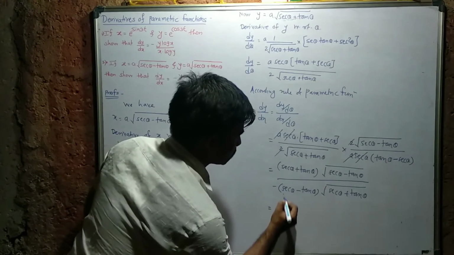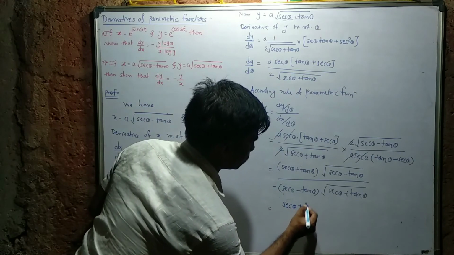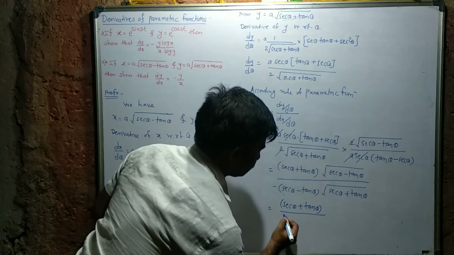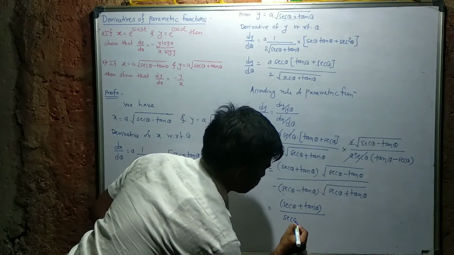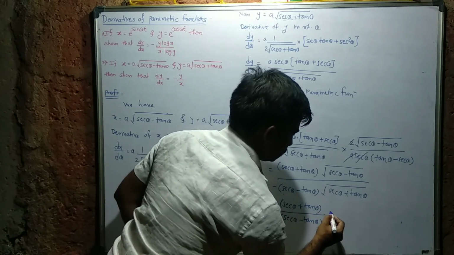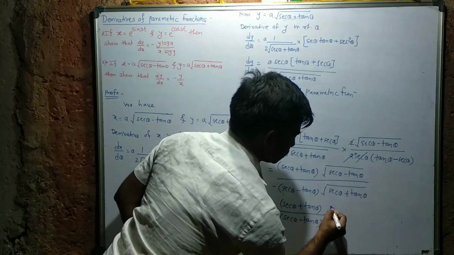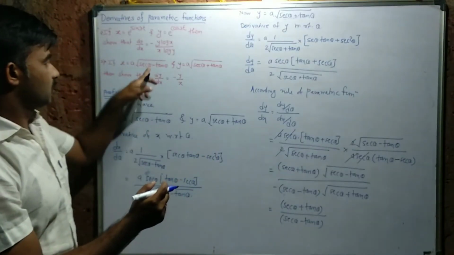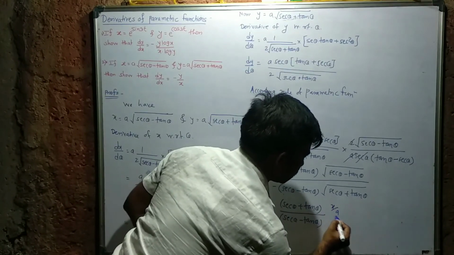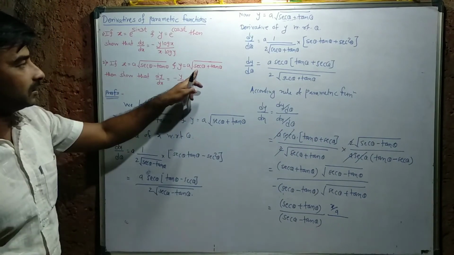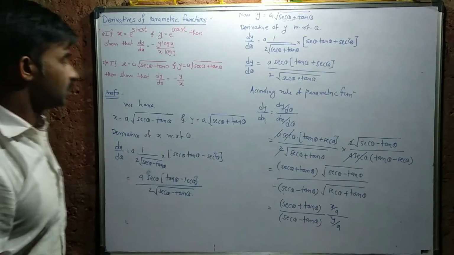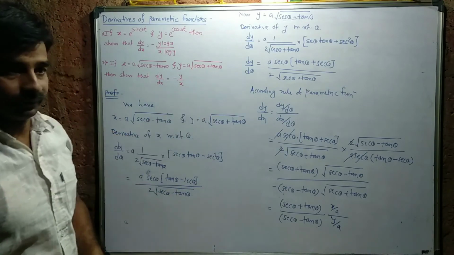First we consider sec theta plus tan theta divided by sec theta minus tan theta, whose square root is nothing but x divided by a divided by the square root of sec theta plus tan theta, which is y divided by a.